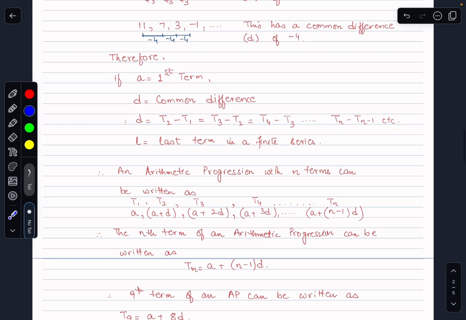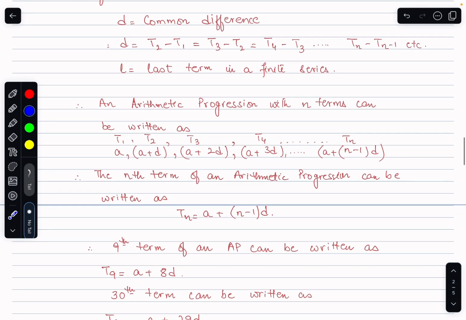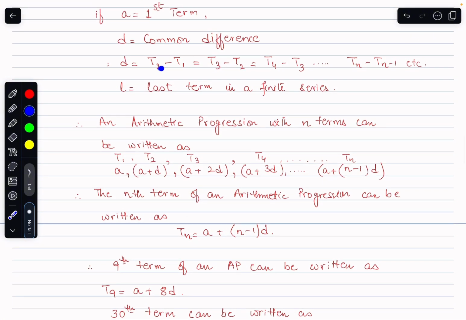An arithmetic progression with n terms can be written as T1, T2, T3, T4, and so on up till Tn. Now, as discussed earlier, D is equal to T2 minus T1. That means if my first term is A, then to the first term, if I add a D, this becomes my second term.